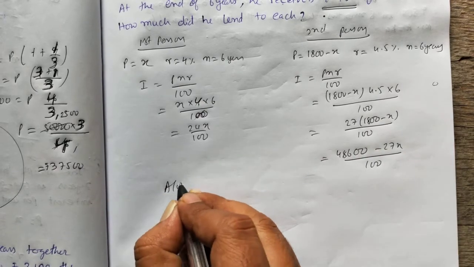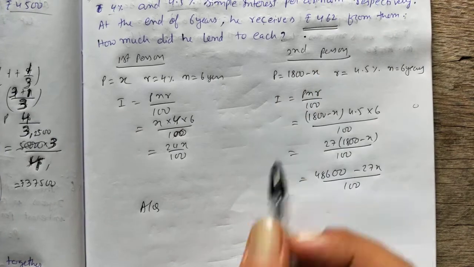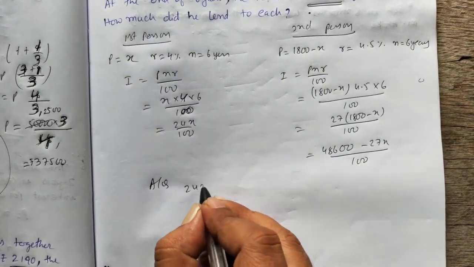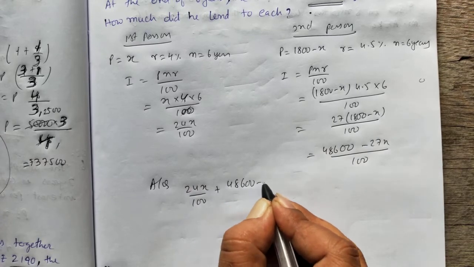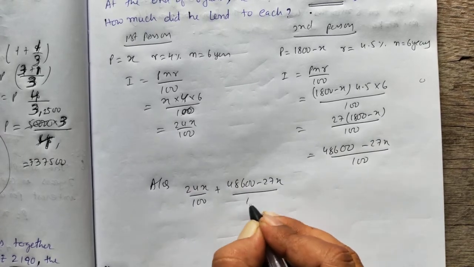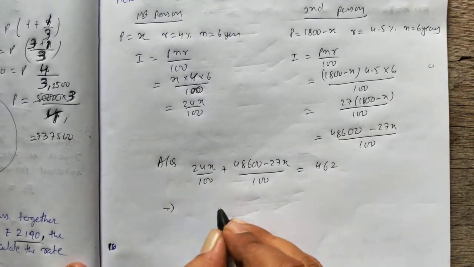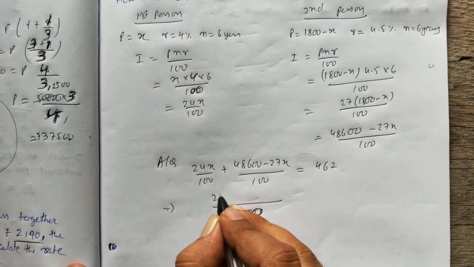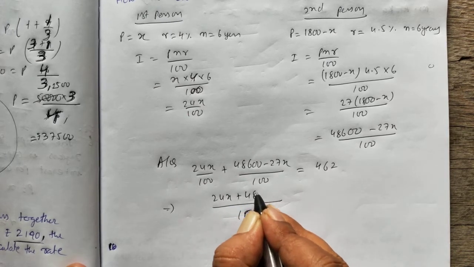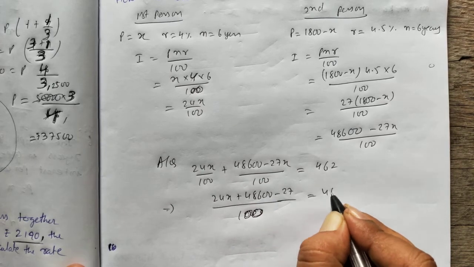Now as per question, if the total of this interest is coming up to 462, by 100 is coming up to 462. So what's the LCM? 100. Will be 24x plus 48600 minus 27x equal to 46200.